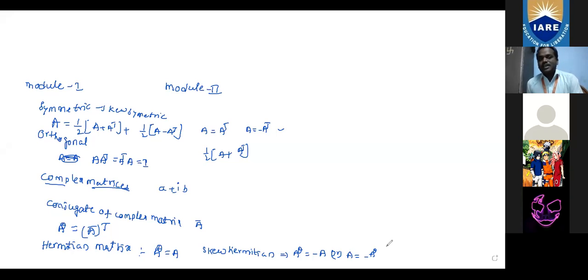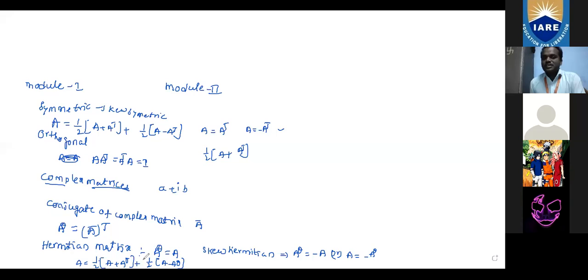And just like with real matrices, any square matrix can be written as the sum of a Hermitian and a skew Hermitian matrix: A is equal to half into A plus A power of theta, plus half into A minus A power of theta.